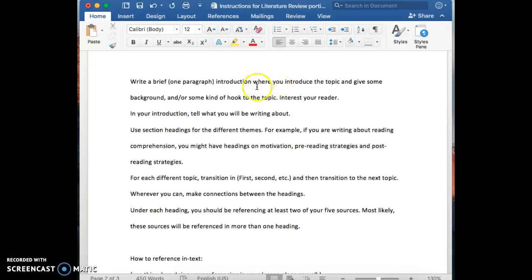So you write a brief introduction where you introduce the topic and give some background on it. And you should also give some kind of hook to the topic. So interest your reader. Why would they want to read about strategies for comprehension? Think about what interests you about this, and you might use that as your hook.